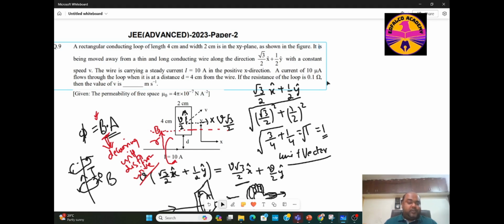So here the resistance is 0.1 ohm. What is the value that we have to find? We have to find the velocity v. For what value of velocity with which it should be dragged, such that at a distance of 10 centimeter, the current becomes 10 microampere with 0.1 ohm as the resistance in this loop, if the current in the infinite wire is 10 ampere, and the direction of the velocity is also given.